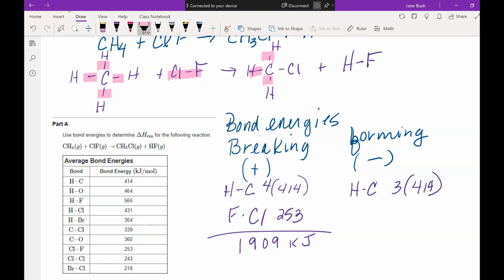We have 1 carbon-chlorine bond, which is 339. And we have 1 hydrogen-fluorine bond, which is 565.